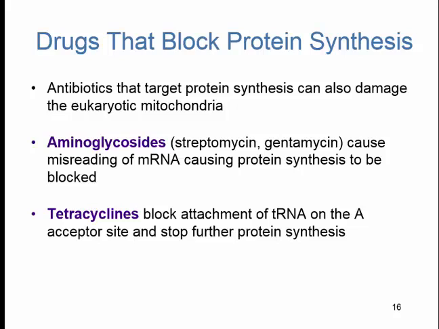So when protein synthesis is going through, it causes it to be blocked because it's not reading the strand in the correct order. Tetracyclines, they're actually going to block T for tRNA, so tetracycline T for T, and so they're going to block the transfer RNA on the A acceptor site. So they're going to pretty much completely shut down protein synthesis.